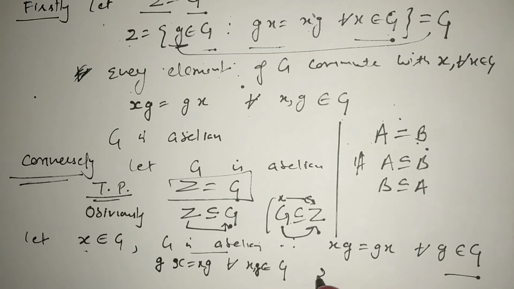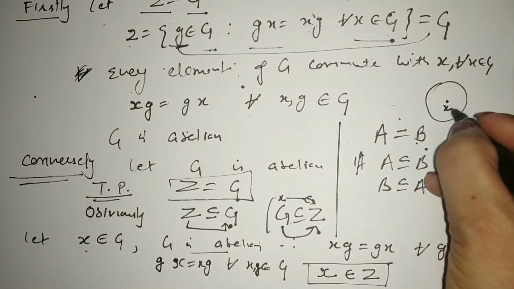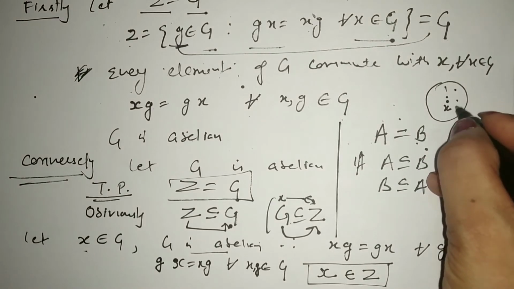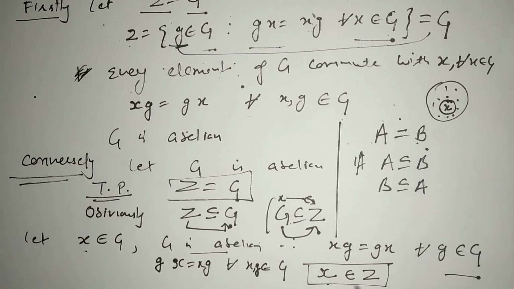So this element x is commuting with each element. That means x belongs to Z. The element which commutes, here is some element x, so it is commuting with each element of G. That means it is in the center. So it belongs to Z.